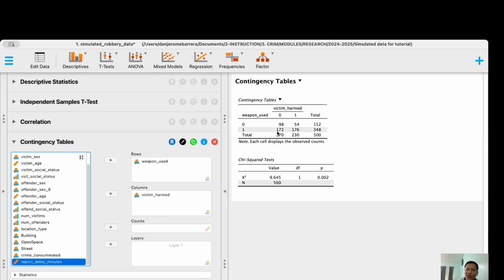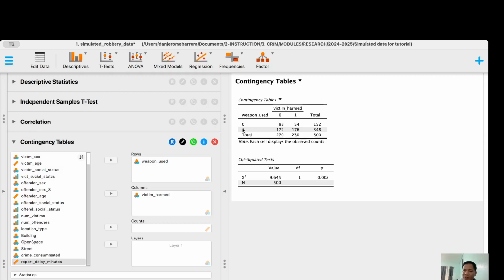We can determine the direction of association by looking at the contingency table. Here, for cases where the offender used a weapon, we can see not harmed 172, but harmed 176. So meaning, if the offender uses a weapon, it tends to result in the victim being harmed.